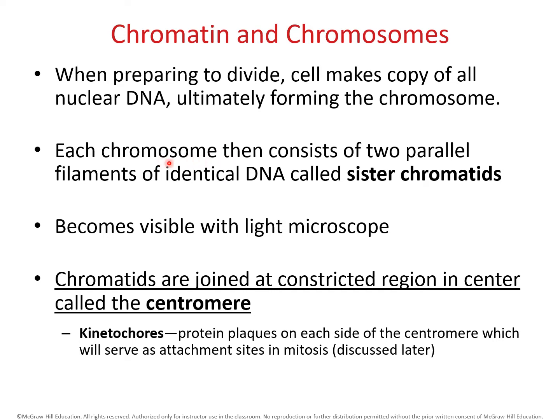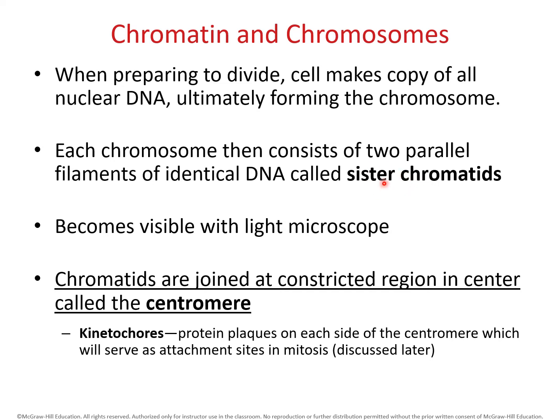Now, as I was trying to show you earlier, each chromosome is going to consist of 2 chromatids, and these 2 chromatids have identical DNA. When we do cell division, we're going to split that chromosome apart so that our 2 sister chromatids are separated from each other.